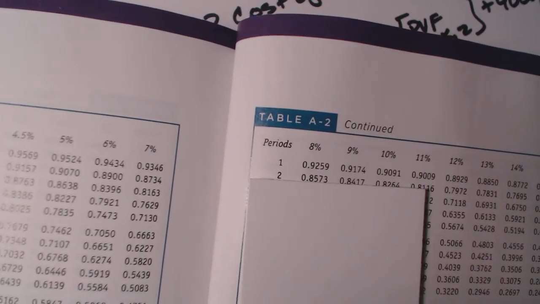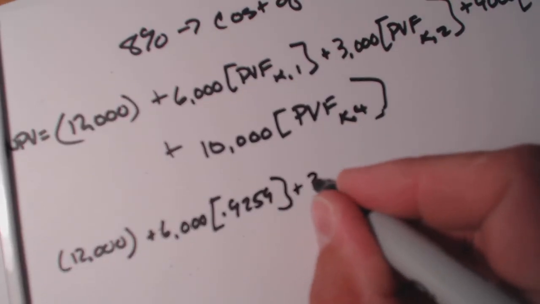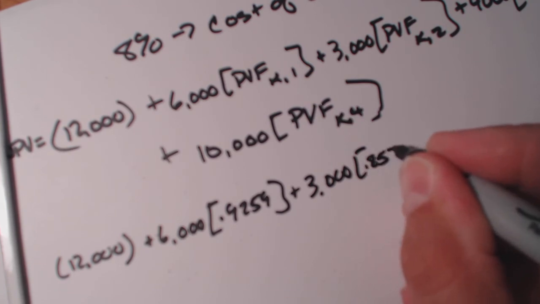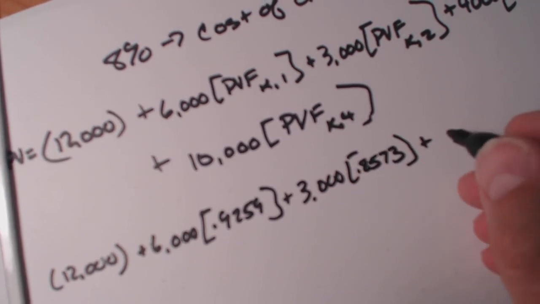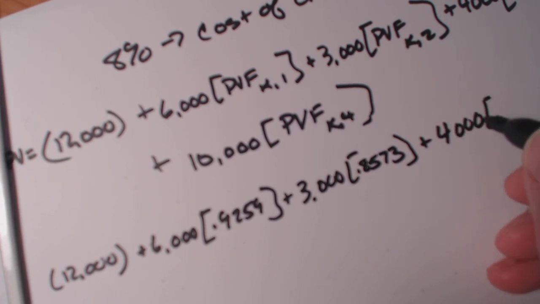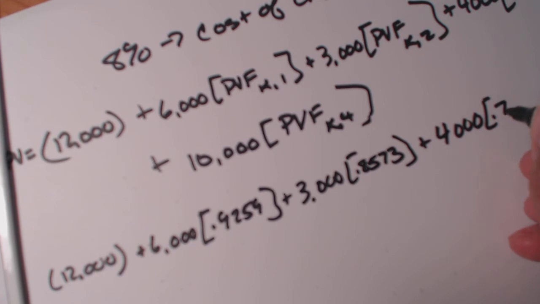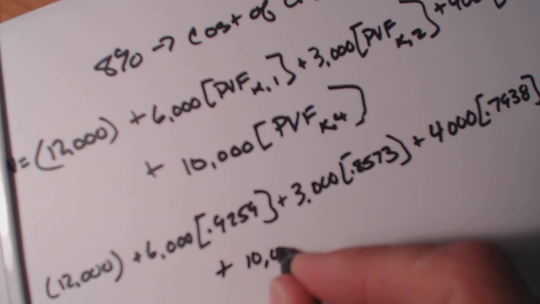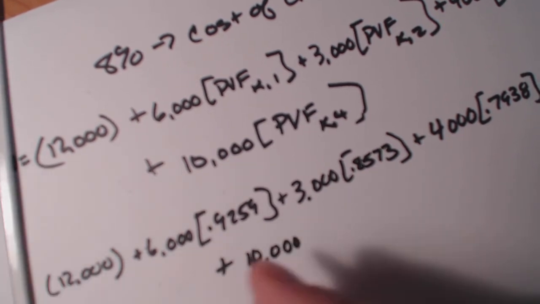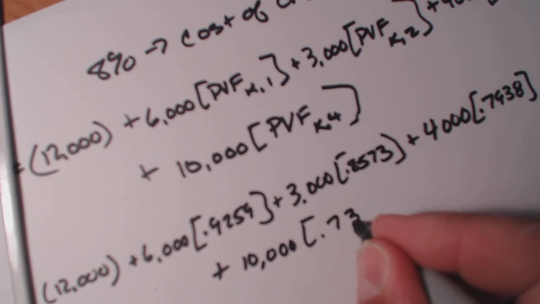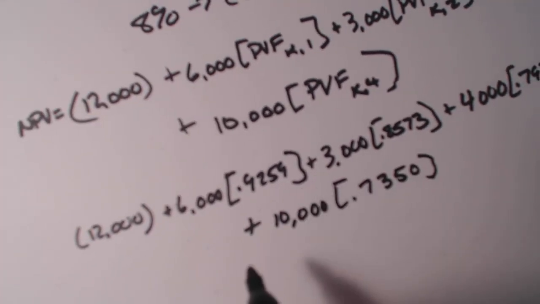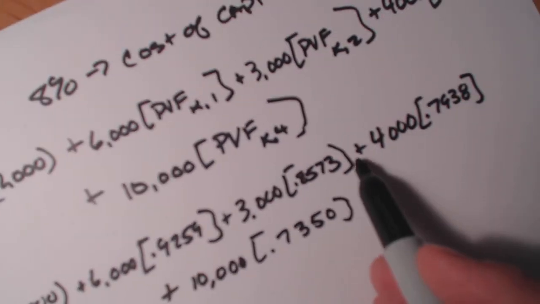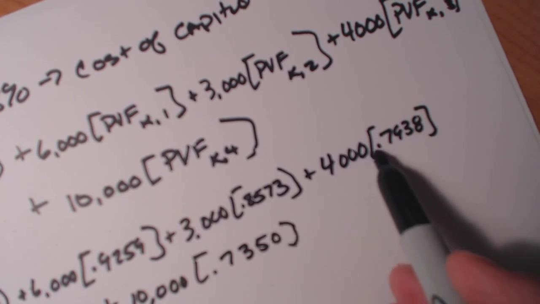So then the next would be 0.8573, so it would be plus 3,000 multiplied out times 0.8573, plus 4,000, and then the next one, if you're looking on your own, would be 0.7938, and then the fourth one would be 10,000 times 0.7350. Basically what you're going to do is multiply the 6,000 times the 0.9259, the 3,000 times this, 0.8573, plus 4,000 times this number.